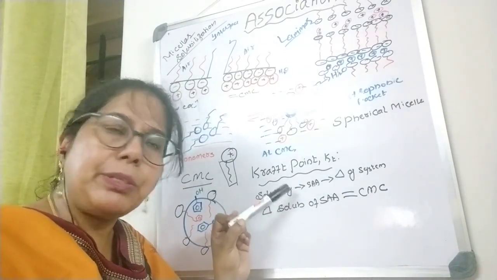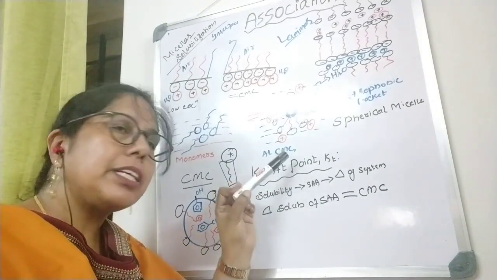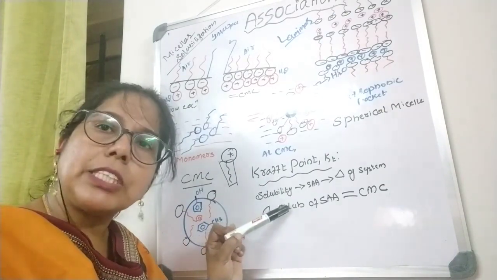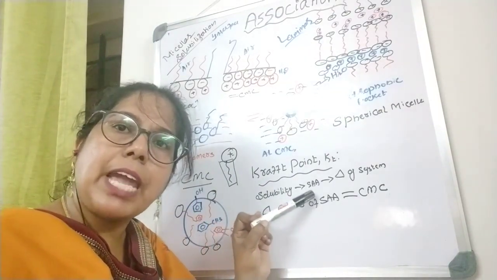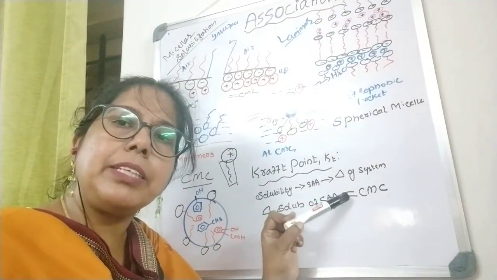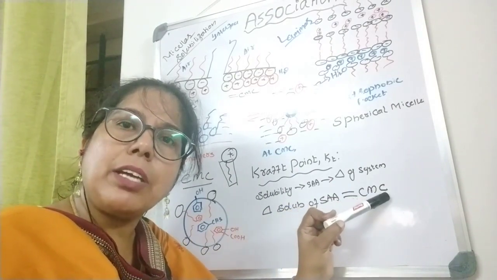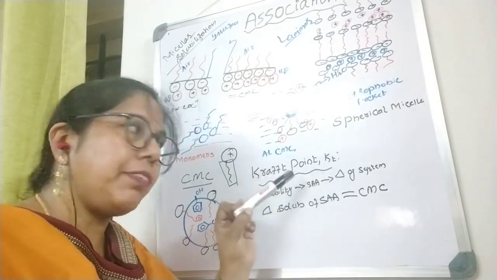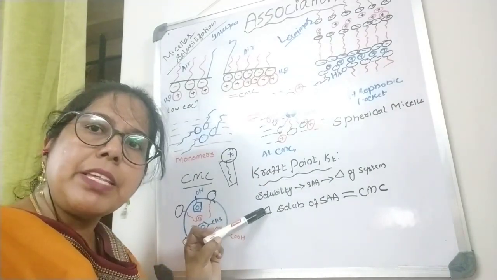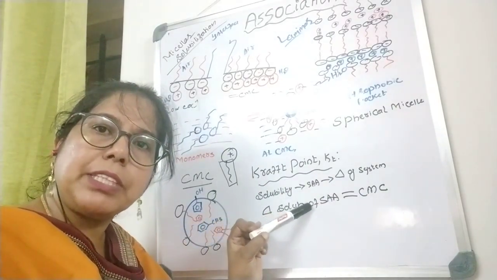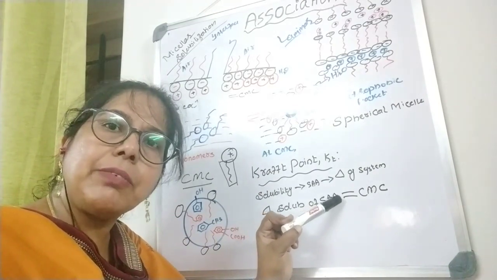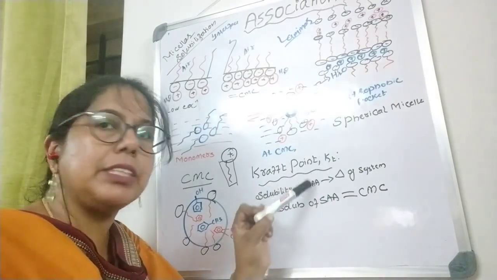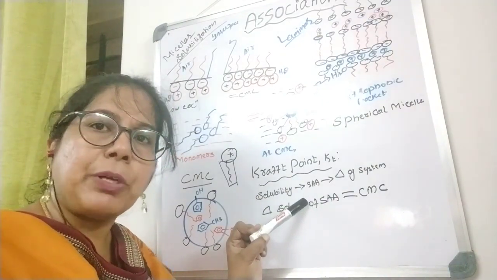If I have to define it, Kraft point is defined as the temperature at which the solubility of surface active agent is equivalent to the critical micellar concentration. Once again I repeat, Kraft point is defined as the temperature at which the solubility of surface active agent is equivalent to the critical micellar concentration. So this is about the Kraft point.